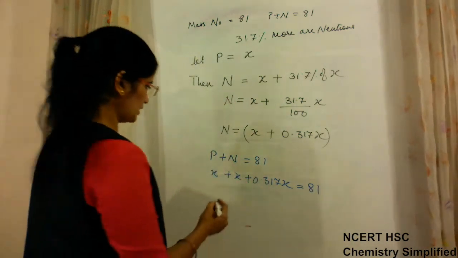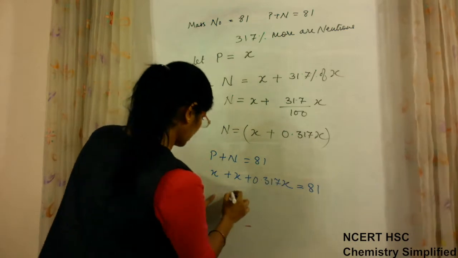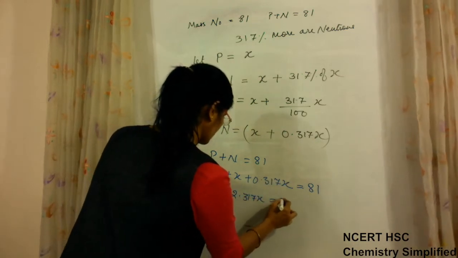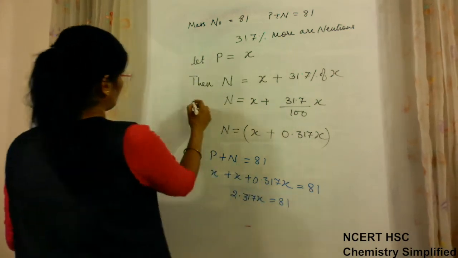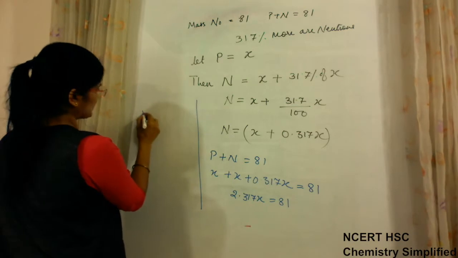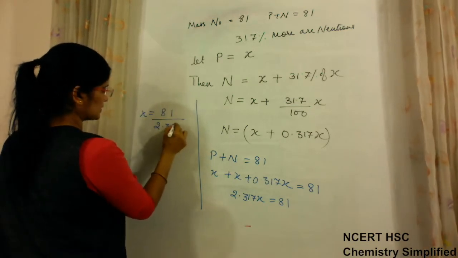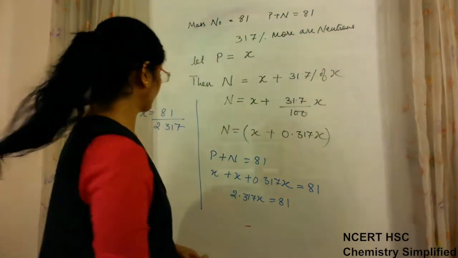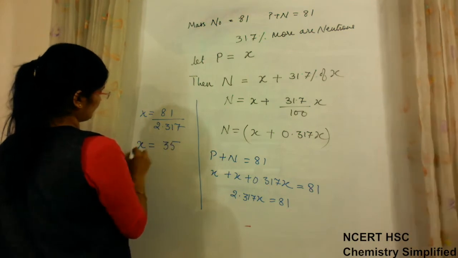Now this is 1x, 2x and this much x. So it is 2.317x is equal to 81, and X is equal to 81 upon 2.317. Okay, so that comes to 35.